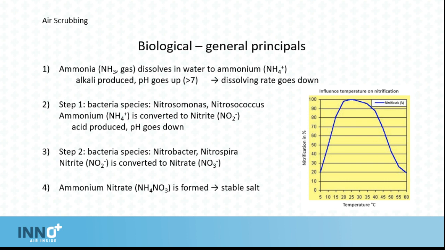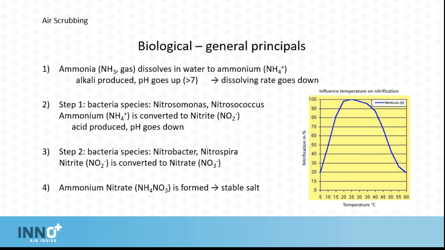So this process is stable when about 50% of the ammonia is converted into nitrate. Because then the same amount of alkali and acid is produced, which keeps the pH neutral around 7. And as you can see at step 4, the ammonium and the nitrate also consist of equal parts ammonium and equal parts nitrate, which means that a conversion rate of 50% makes an ideal solution.